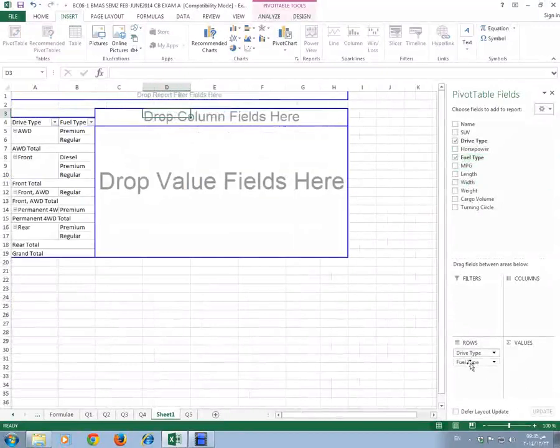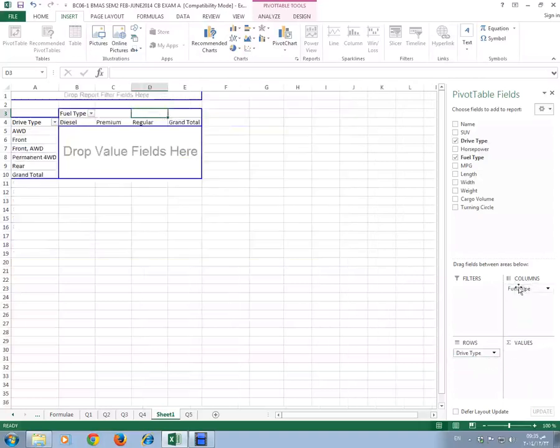It came with that one, but the question says cross tabulation, that means one to be a row, one to be a column. So I'm putting this one here now. Now I have the fuel types here. I can also switch them. It is up to you. You can put them in the same place like this.